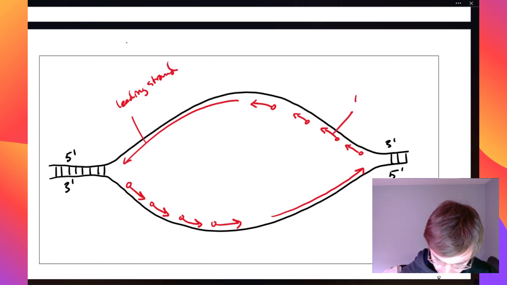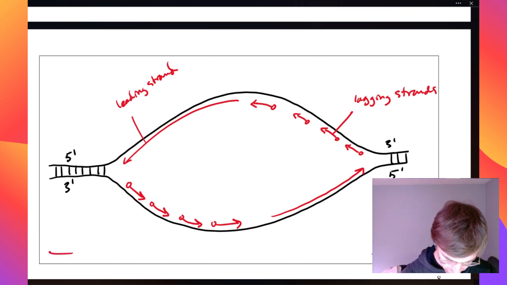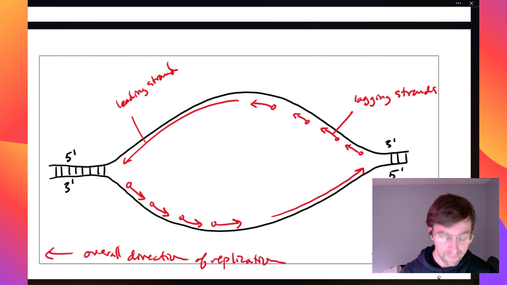These are our lagging strands. We've already got our anti-parallel strands.